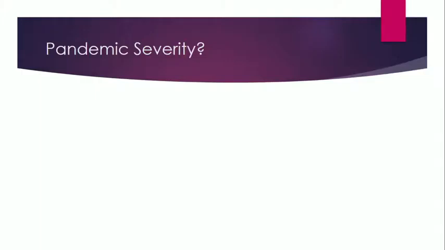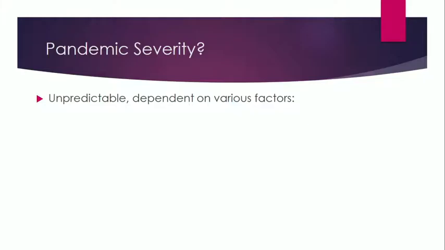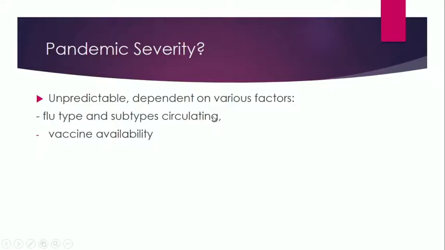Okay, so when it comes to pandemic severity, how do we determine what causes it? And it turns out that there's no one particular factor, that it is unpredictable and dependent on a number of different factors. Things include flu type and subtype circulating, as Ed mentioned a moment ago. Vaccine availability. Is the vaccine actually available in the country?